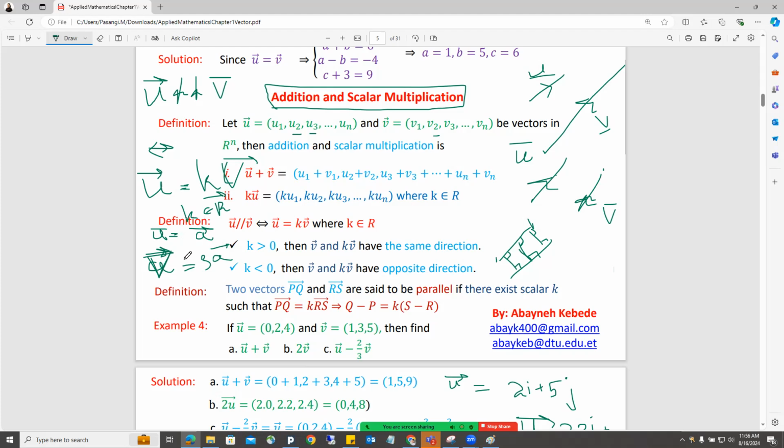The vector v is much bigger than vector u. So we can write vector v as 3 times vector u.